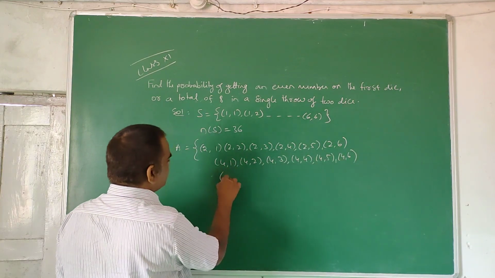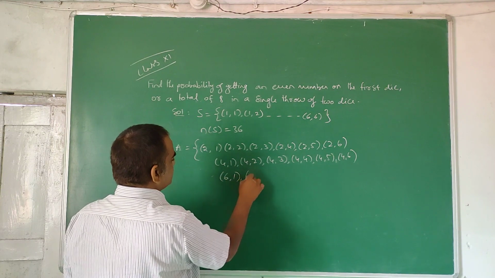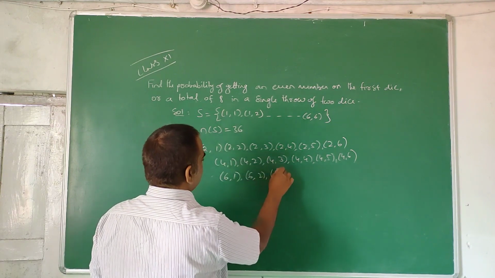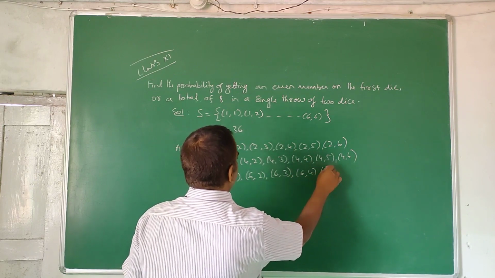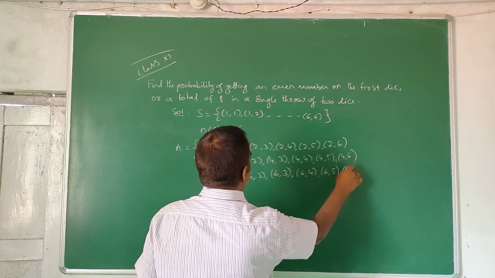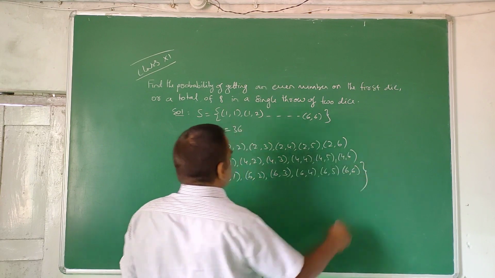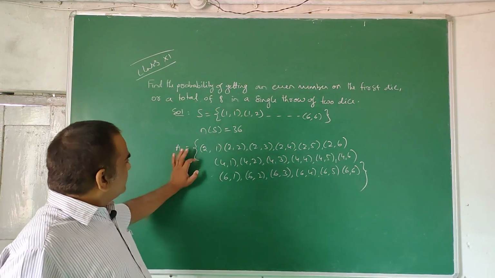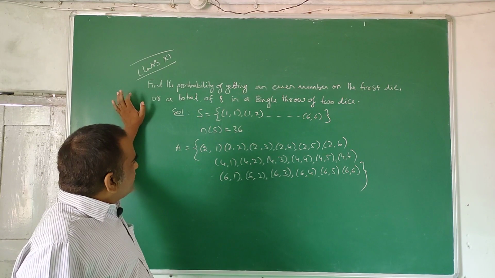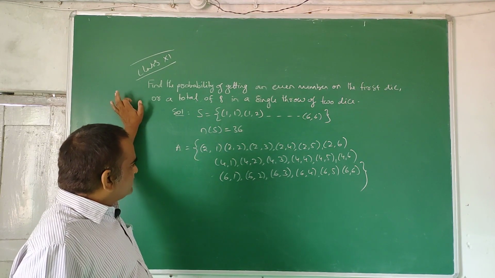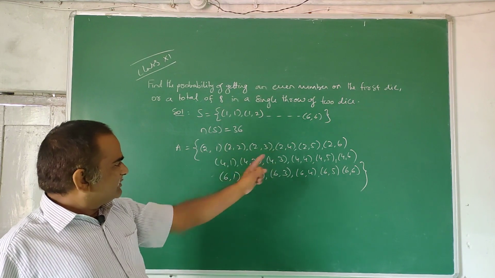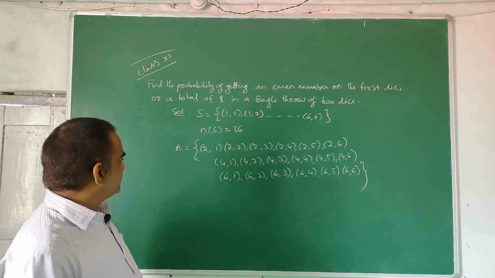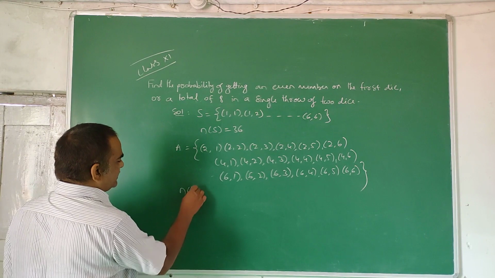Next even number 6: 6,1; 6,2; 6,3; 6,4; 6,5; 6,6. So these are the favorable outcomes: 6, 12, 18. So n of A is equal to 18.